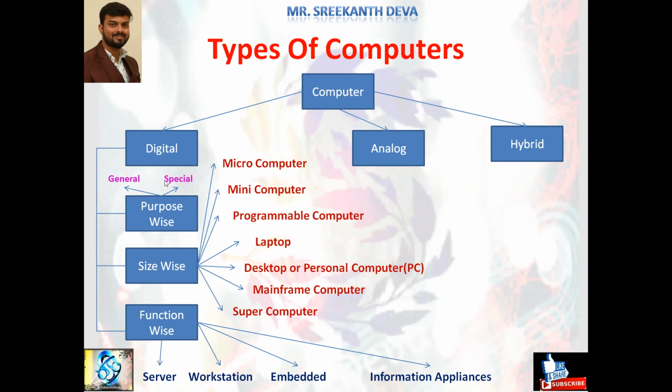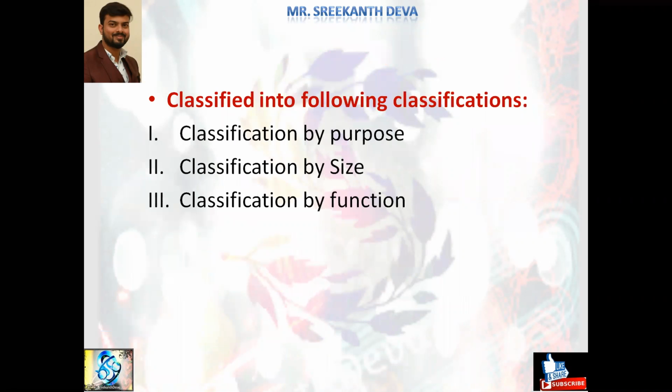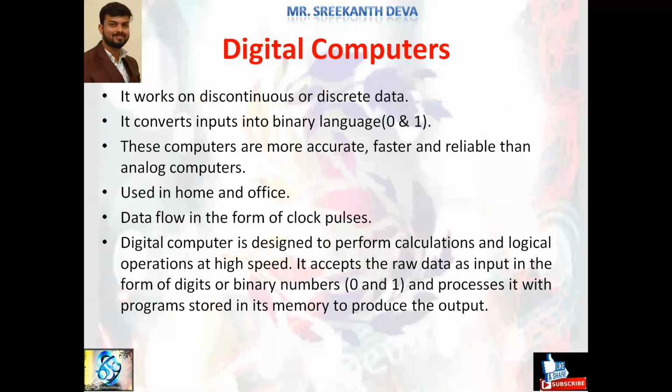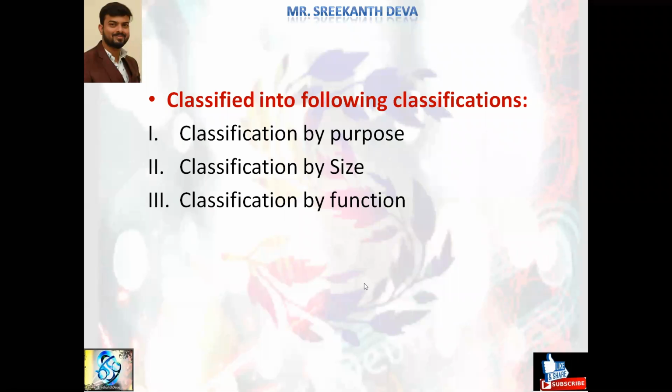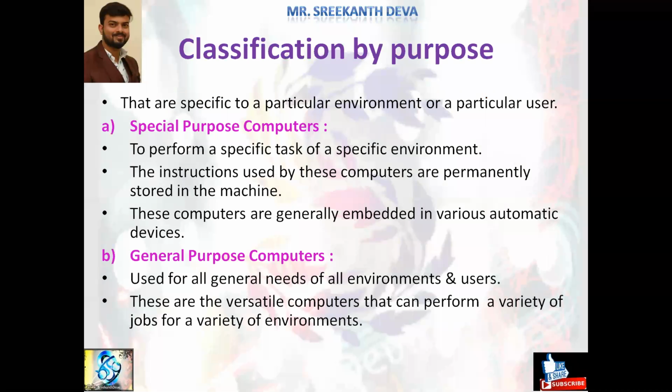In this session we discussed purpose wise general purpose computers and special purpose computers. These are the points you need to remember. Digital computers mean discontinuous or discrete data. They understand only binary language, zeros and ones representation. This is the main point. Classification has three types: purpose wise, size wise, function wise. Here we discussed purpose wise clearly. Purpose wise is specific to a particular environment or a particular user, a specific task of a specific environment.